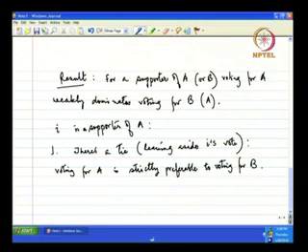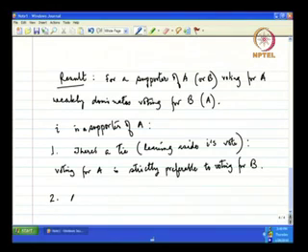Now, if I have to prove that voting for A is weakly dominating over voting for B, then I have to show that in the rest of the cases also, voting for A is better than voting for B, or the person is indifferent between voting for A and voting for B. Now, how can I show that? What can be the other cases?